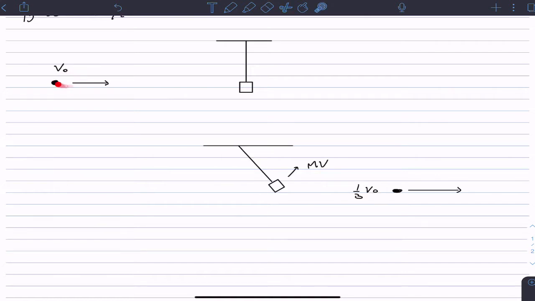Okay, so we're given that this thing has V0, it's going to strike this block, can then continue on through, and this thing now has some momentum. Immediately after the collision, it's just going to be in the x-hat direction.